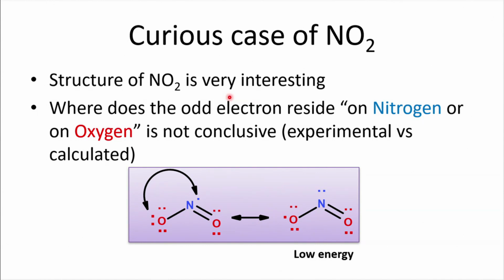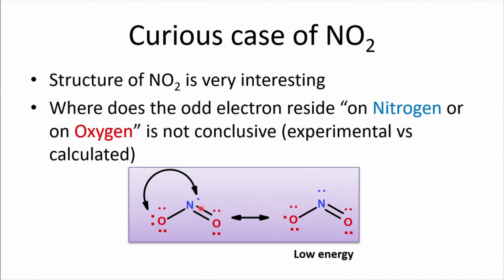But the only problem is, where does that odd electron reside? Whether it is on the nitrogen, as mentioned by the VSEPR and VB theories, or on nitrogen and oxygen as per MO theory. This is quite inconclusive because the experimental and calculated values always contradict each other.